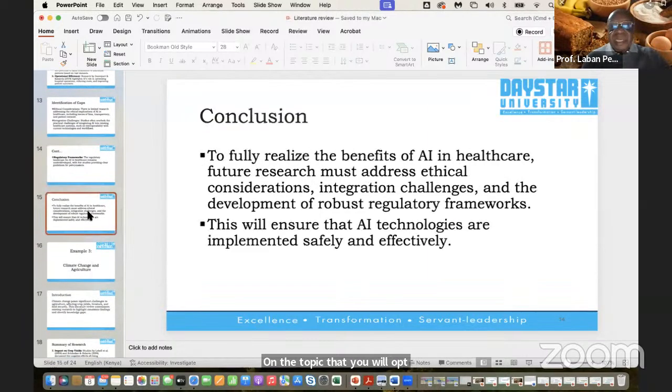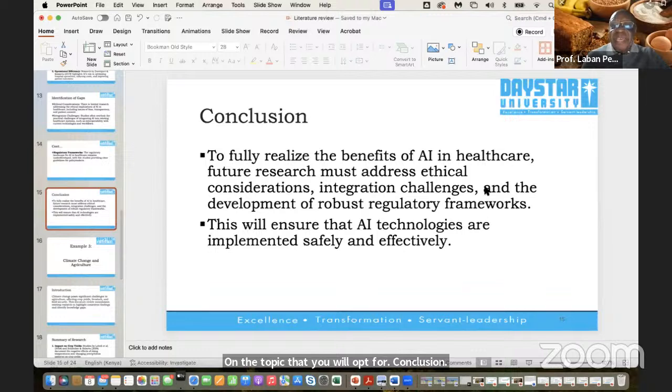Conclusion: to fully realize the benefits of AI in healthcare, future research must address ethical considerations, integration challenges, and the development of robust regulatory frameworks in terms of policy. And this will ensure that AI technologies are implemented safely and effectively.